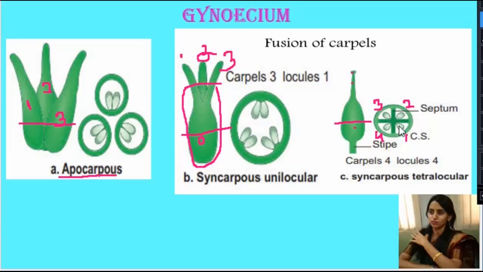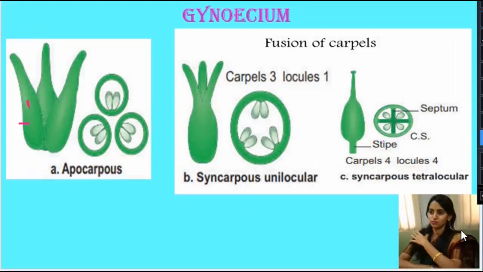It is also syncarpous. Here these two definitions are very important, that is apocarpous and syncarpous. What is apocarpous? When 2 or more carpels are present in a flower, and if they are free, that condition is known as apocarpous. When 2 or more carpels are present, and if they are fused, that condition is known as syncarpous.